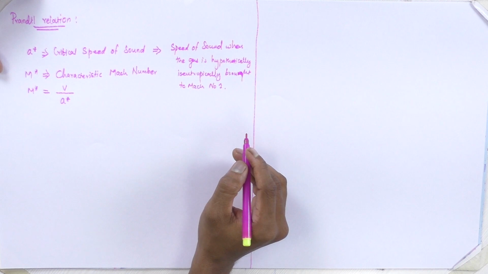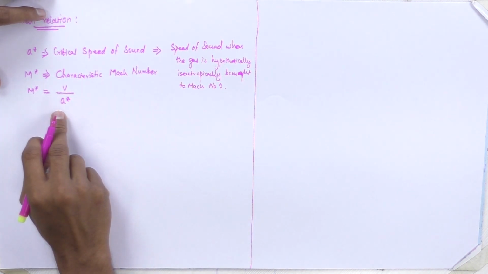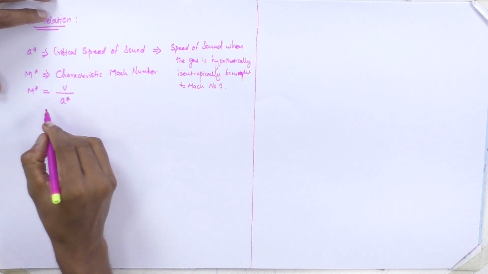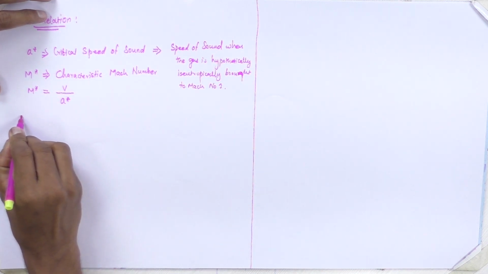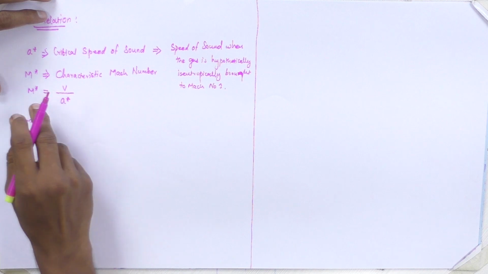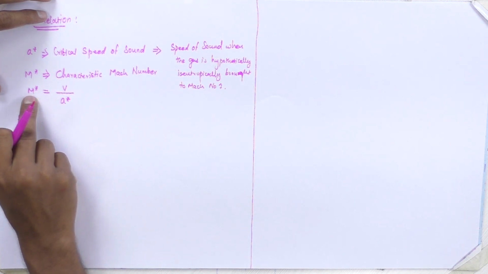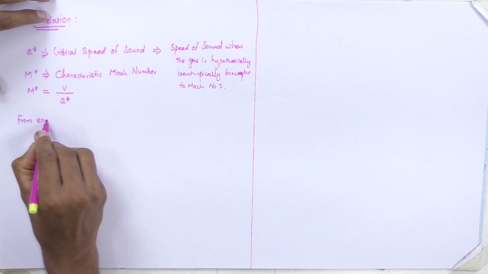First, he represented this characteristic Mach number as a function of the fluid element's Mach number. For that, he used the energy equation.